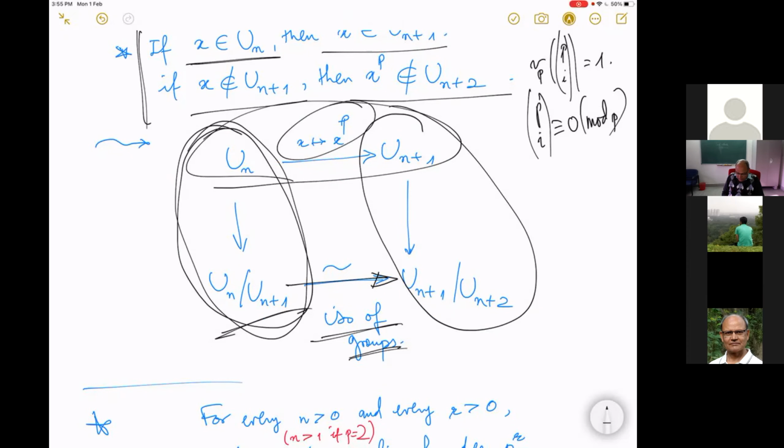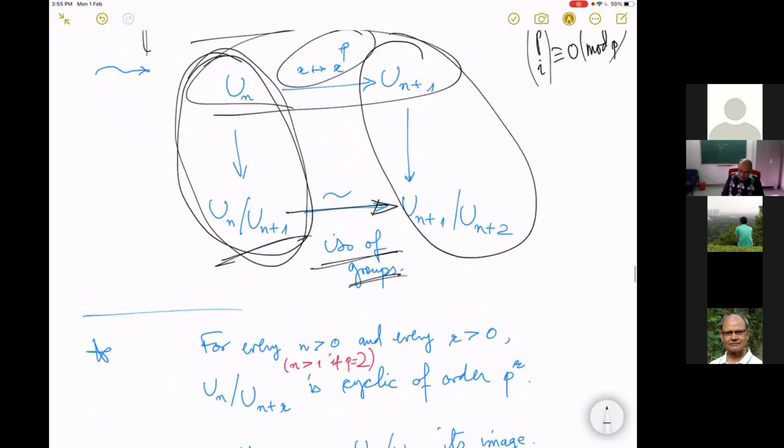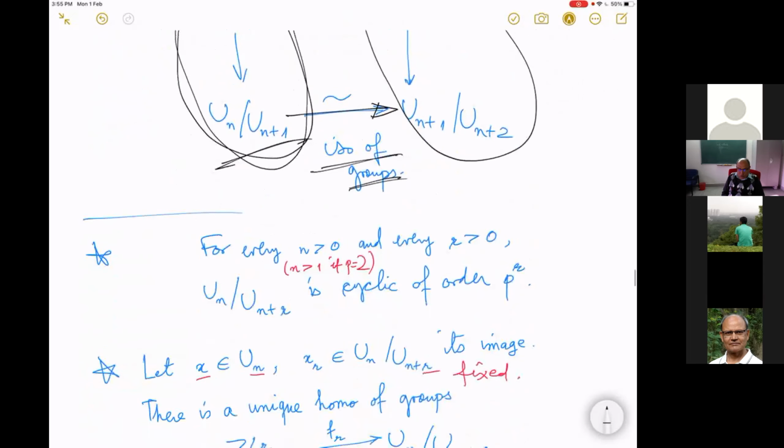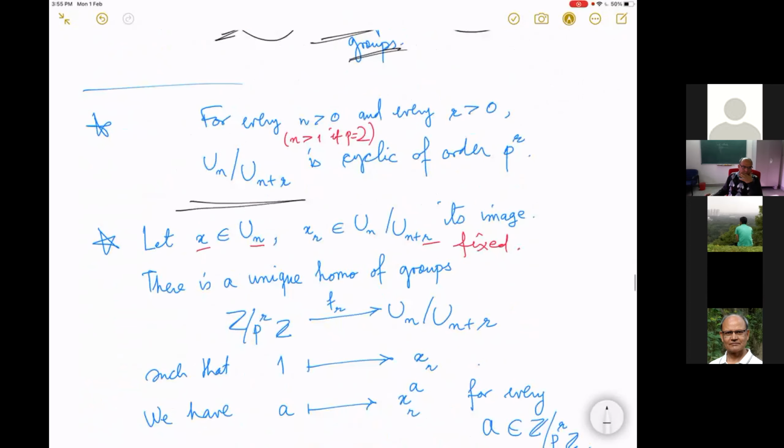So that's one thing. And now let's determine what these quotients are, U_n modulo U_{n+r}. Take n to be strictly positive if p is odd, and take n to be strictly greater than 1 if p is equal to 2.